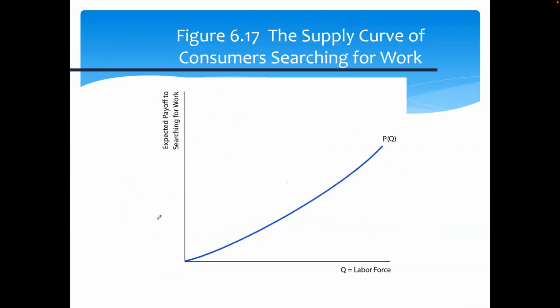So this is the consumer side, right? The consumer side is summarized by this curve, P as a function of Q. Q is the labor force, right? So expected payoff for worker. You must offer them a higher payoff so that you can convince enough workers to go out and look for a job.